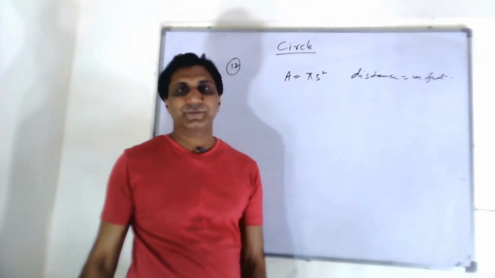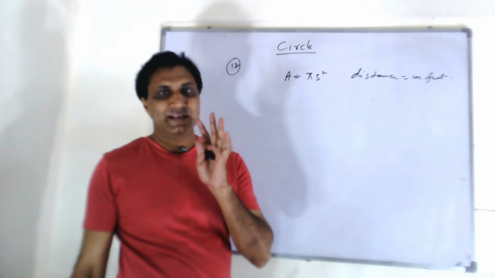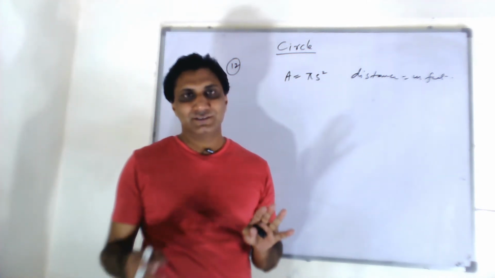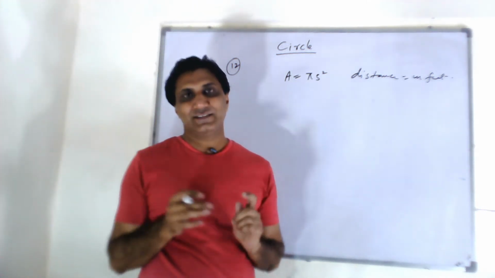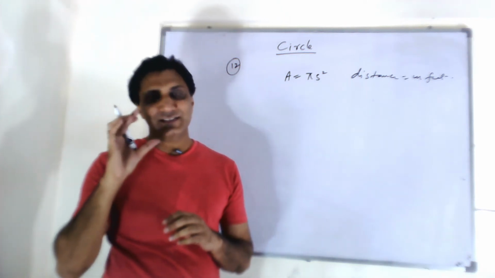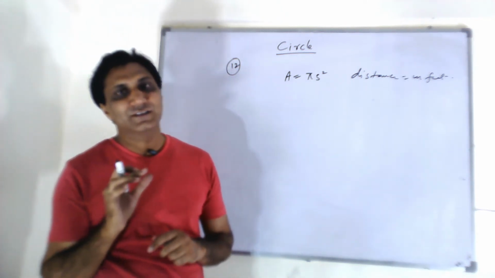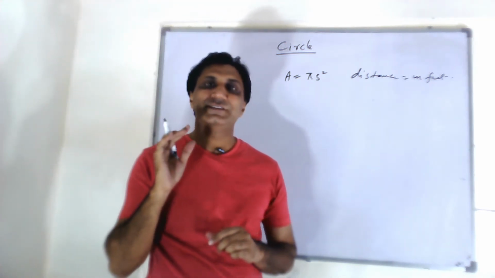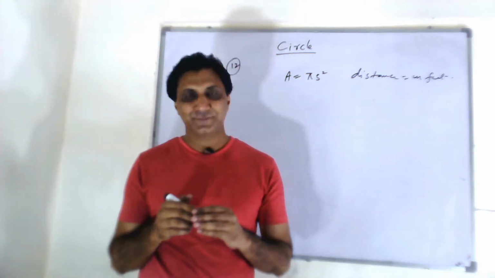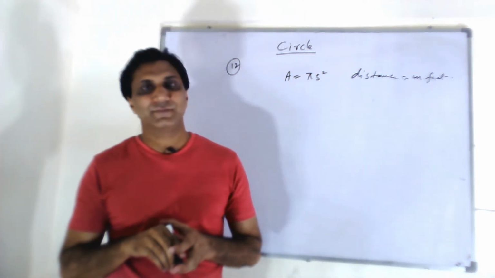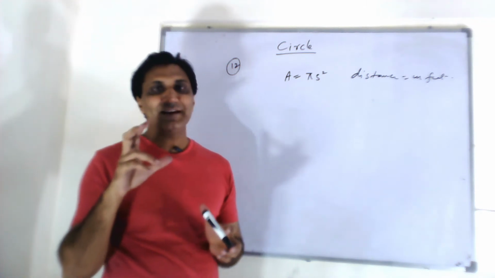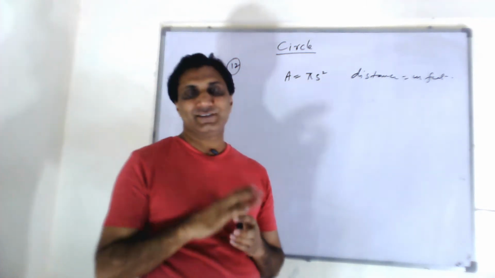Now, the total distance, when you divide it by the distance of one revolution, will give you the total number of revolutions. For example, a wheel travels 20 meters.